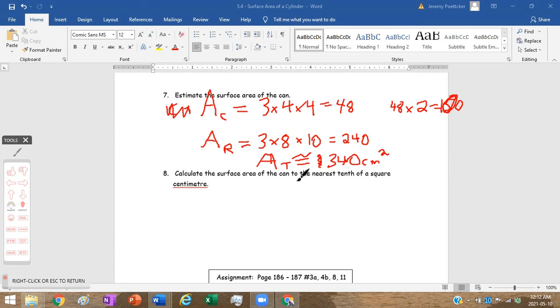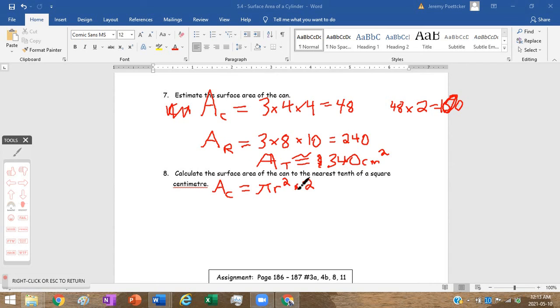All right, so surface area of the can to the nearest tenth of a square centimeter. Area of, and I use a little subscript C, of the circle is equal to pi r squared. The area of the circles, sorry, times 2. Which you might also see written as 2 pi r squared.